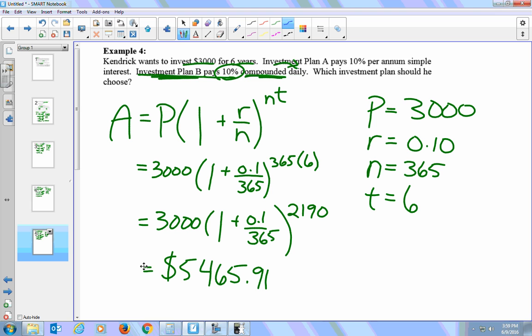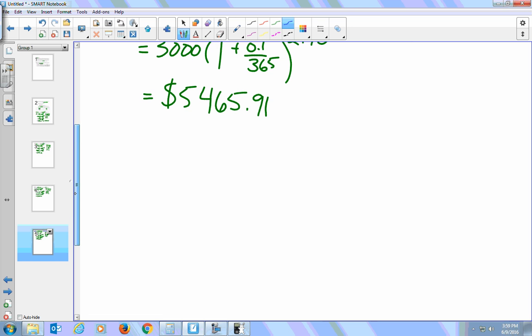We also had plan A, per annum simple interest. Okay, so if we wanted to calculate that in simple interest terms, we're going to use our simple interest formula for amount. And if you remember, amount, when it's simple interest, is our principal plus our interest, which is our principal times rate times time.